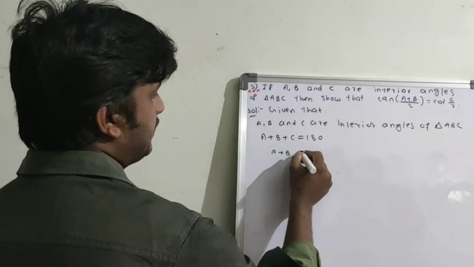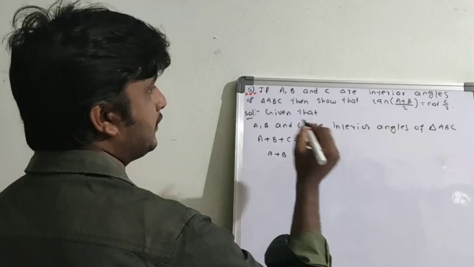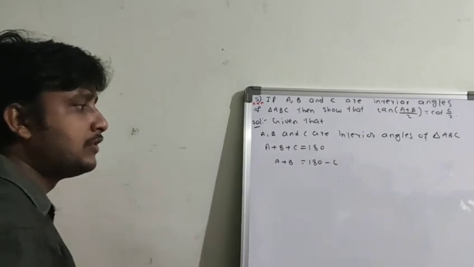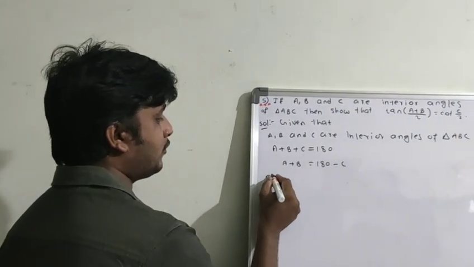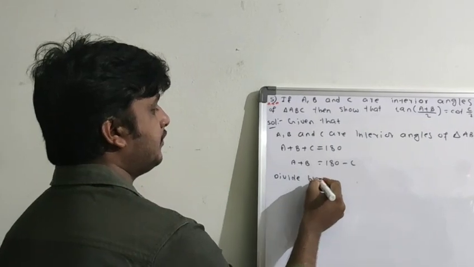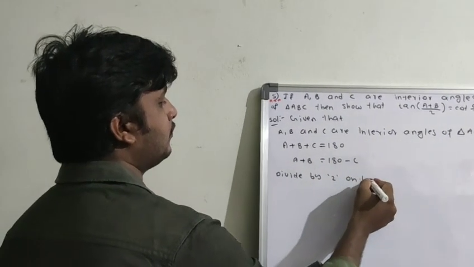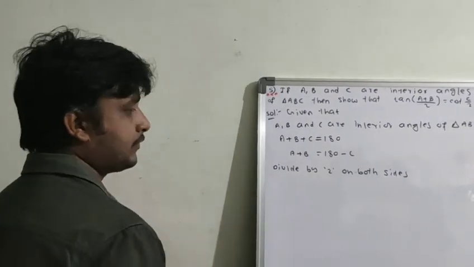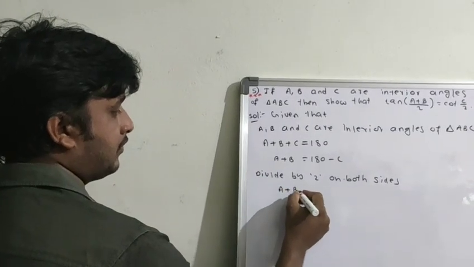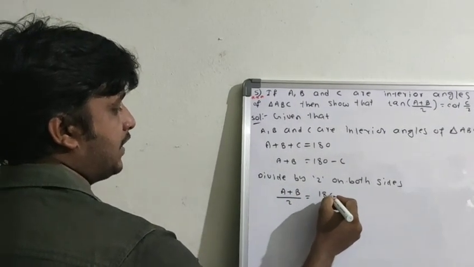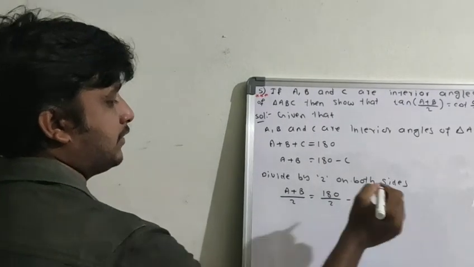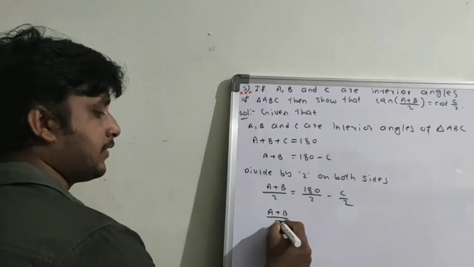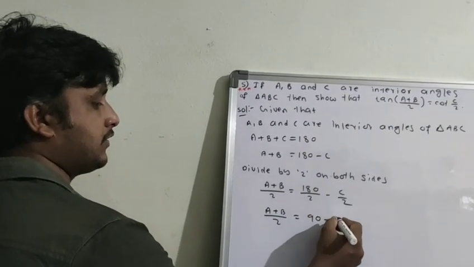A plus B is equal to 180 minus C. In the question we need by 2, so divide by 2 on both sides. So (A plus B) by 2 is equal to 180 by 2 minus C by 2, which is 90 minus C by 2.